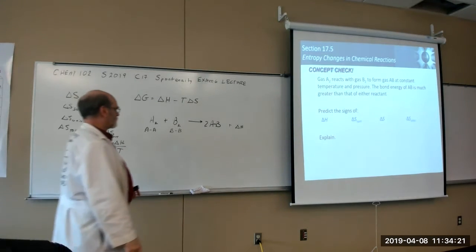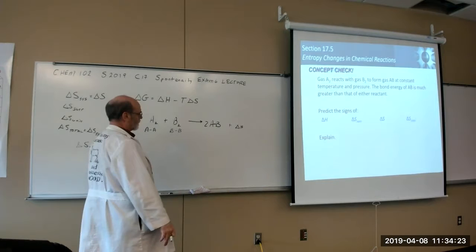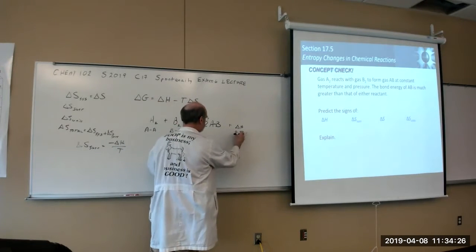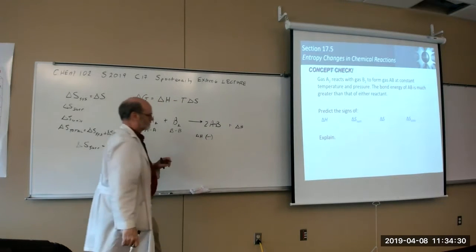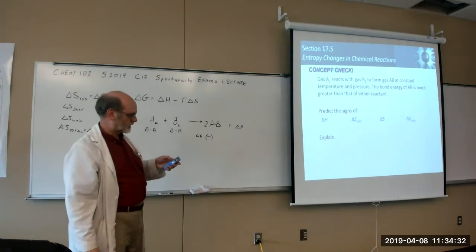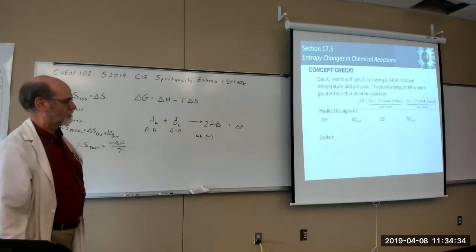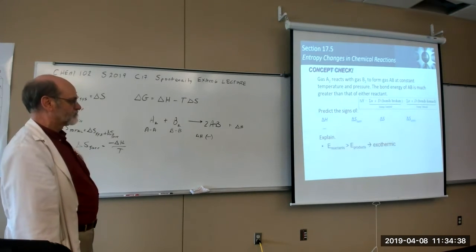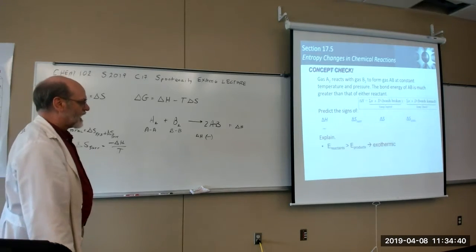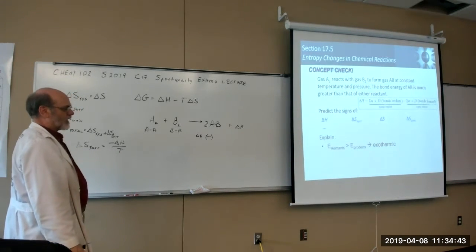So the sign is going to be, for an exothermic reaction then, delta H would have to be negative. Right? How about the sign of the surroundings?